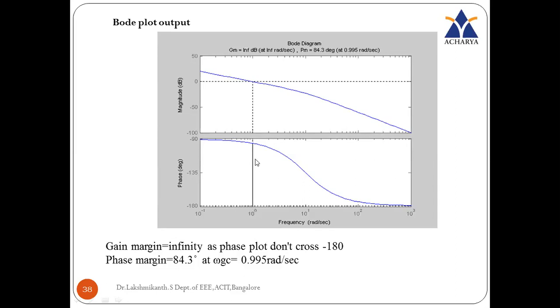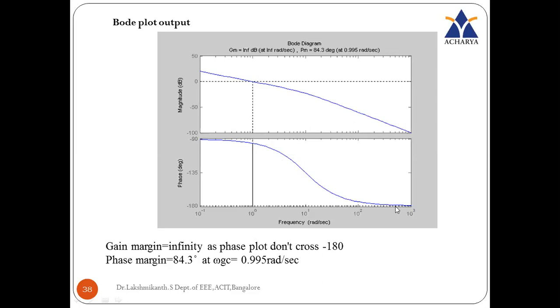Now what are omega GC and omega PC? The point where the magnitude plot crosses the 0 dB line is what we call omega GC, and that is 0.995. At this omega GC, when you find the required angle, this is my phase margin, and when the phase plot crosses 180 degrees, that is the phase crossover frequency.